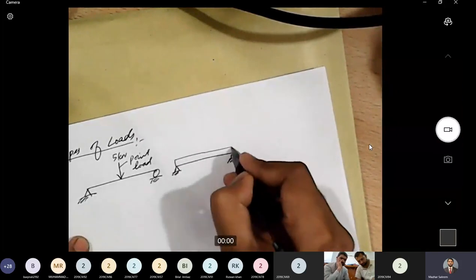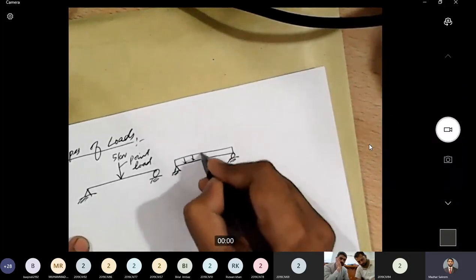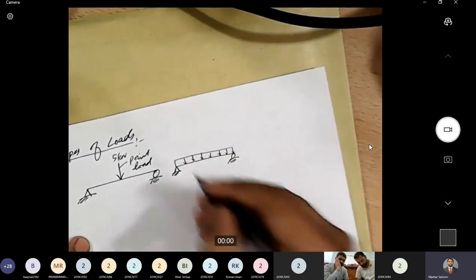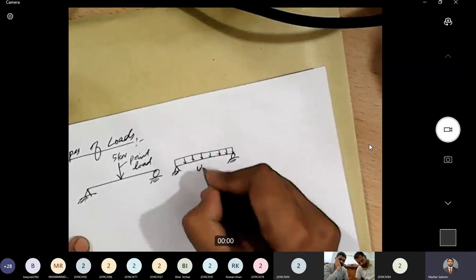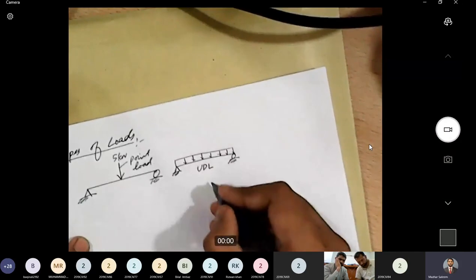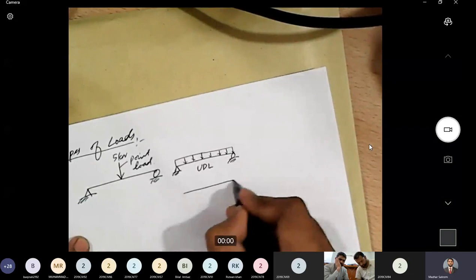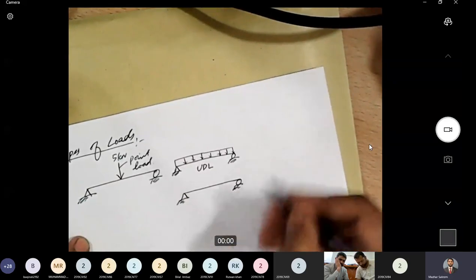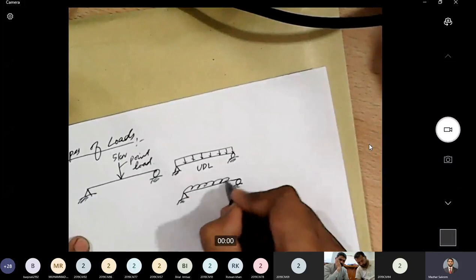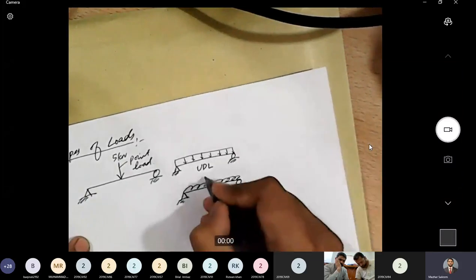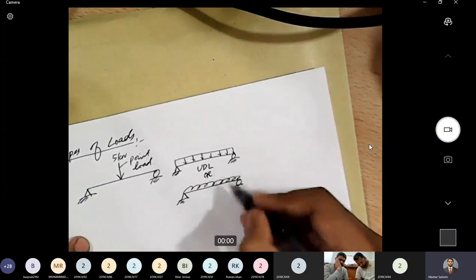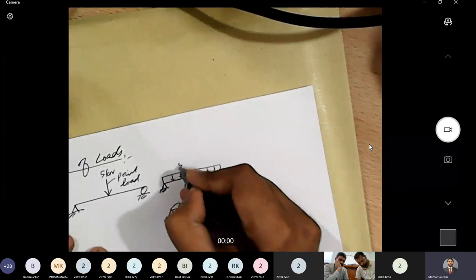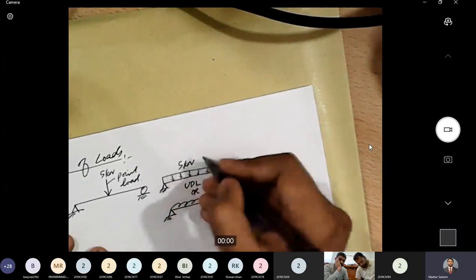If you look at books, they show it like this. So this is UDL, uniformly distributed load. Another symbol is used for UDL, because whenever we are solving something manually, for quick representation, we show it like this. That is another way of showing UDL. Both of them mean UDL, and then the intensity is given, for example, 5 kilonewton per meter, supposedly.